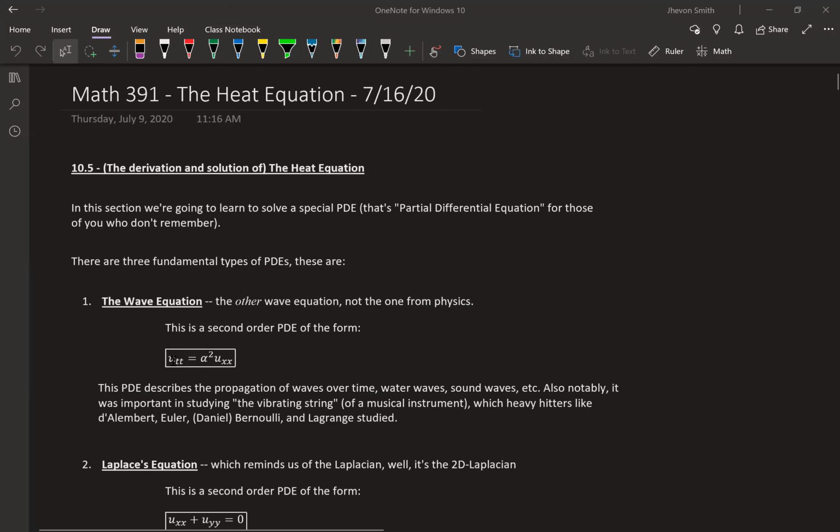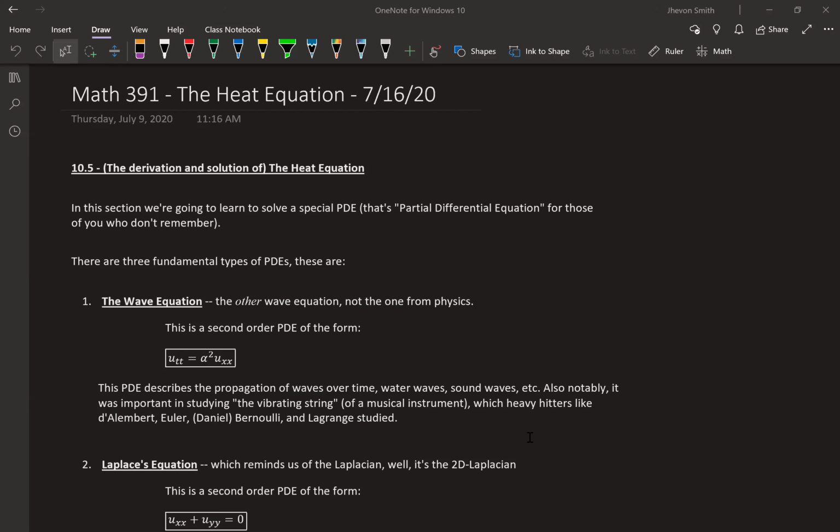So it is pretty much an equation of this form. I have my u, which is my dependent variable of two independent variables, t, which represents time, and x, which represents location, right? And it's saying that the second derivative with respect to time is equal to some constant times the second derivative of the function with respect to position, right? This describes the propagation of waves. It does water waves, sound waves, a lot of things, right?